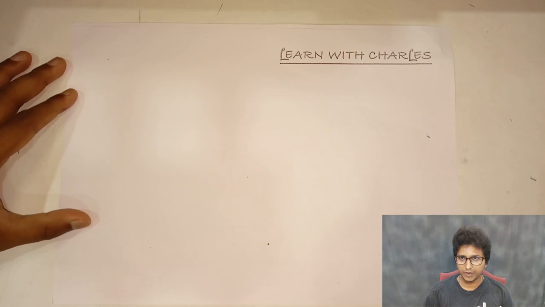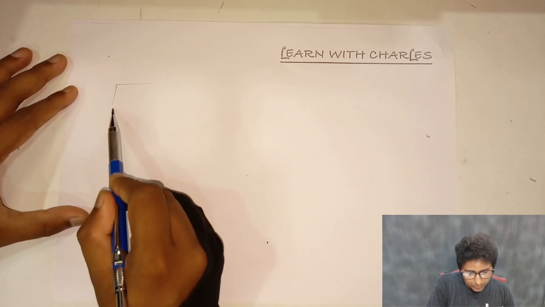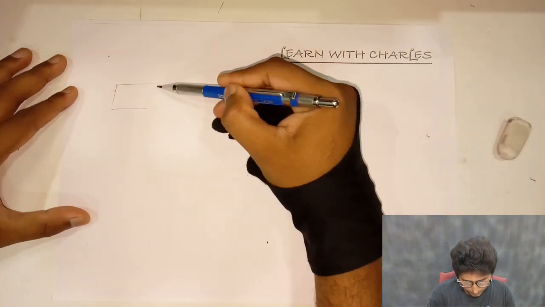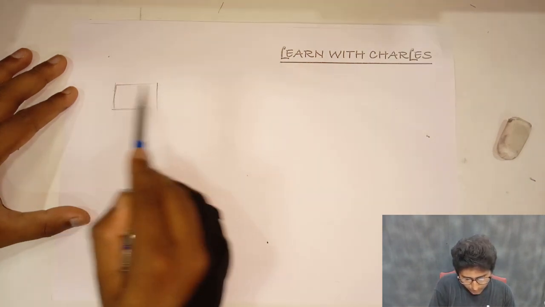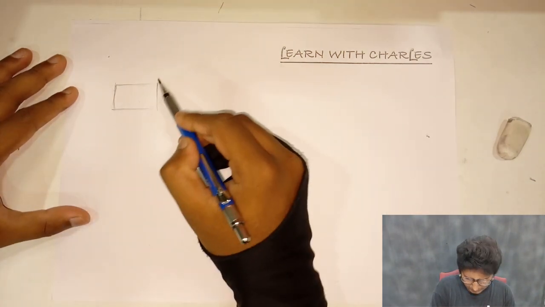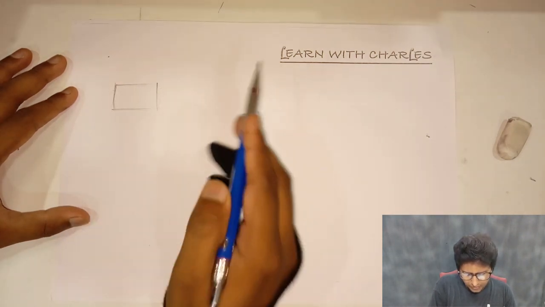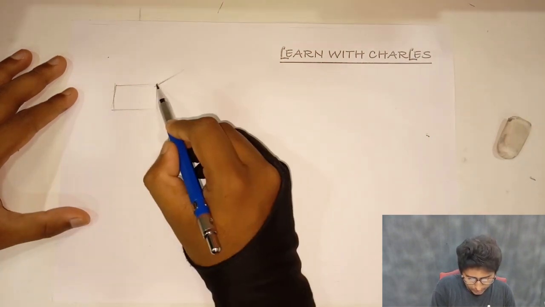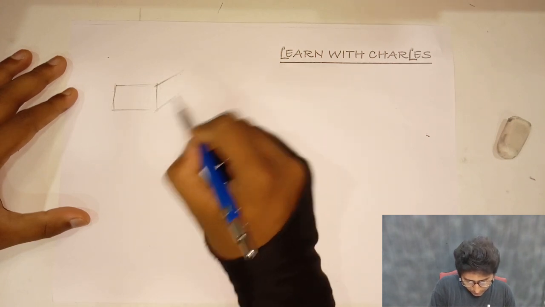To make a 3D rectangle box, first of all, you need to draw a 2D rectangle. Now, take any corner of this rectangle and draw a line, and make sure the other lines will also follow the same.